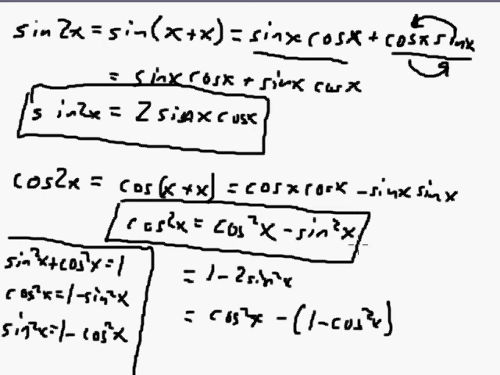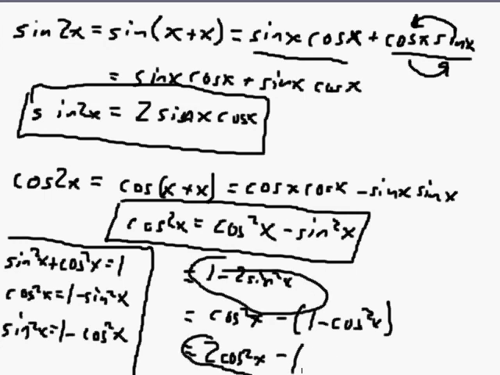So use the Pythagorean identity on sine squared x, plug it into there. This then turns into minus minus cos turns into plus, so I have 2 cos squared x's minus 1. So this and this and this are all from cos 2x.